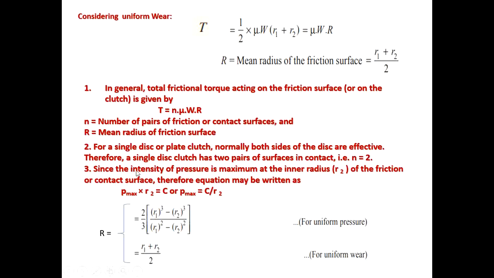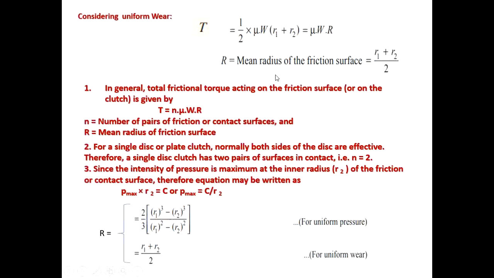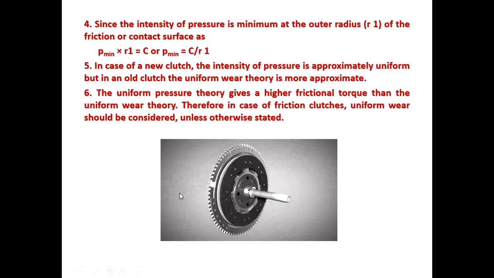The third thing is, since the intensity of the pressure is maximum at the inner radius, P max into R2 equals C. In general, P into R equals C. Since the inner radius has the maximum pressure, we can write P max into R2, because R2 is the inner radius, equals C. Similarly, the intensity of the pressure is minimum at the outer radius, so we can write P min into R1 equals C. So this is another equation.